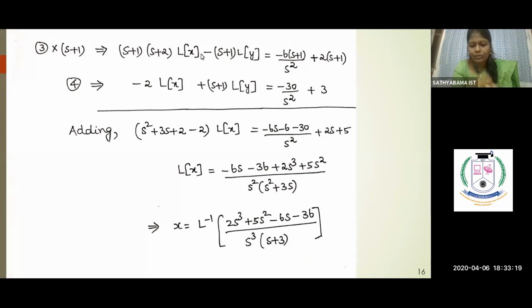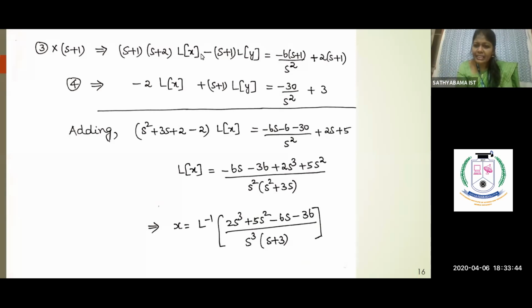Now, you tell me, I want you to think about it. Since we've done the recalling already for method of partial fractions, if you have some f of s divided by s cube into s plus 3, how will you resolve this into partial fractions? What is s cube? S cube is a linear factor. Please listen. S cube is a linear factor which is repeating. It is s minus 0 the whole cube.